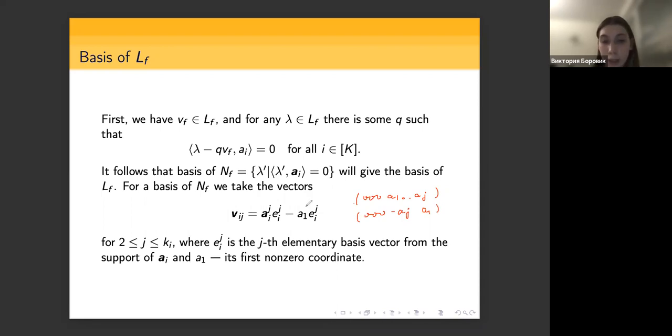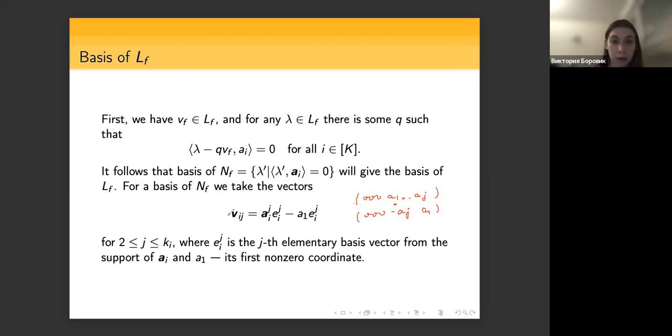I need this so that if I consider the inner product of two of these vectors, it will be 0, because everything vanishes. And if I consider the inner product with some other exponent vector, it will be 0 as well, because our polynomial has disjoint supports.